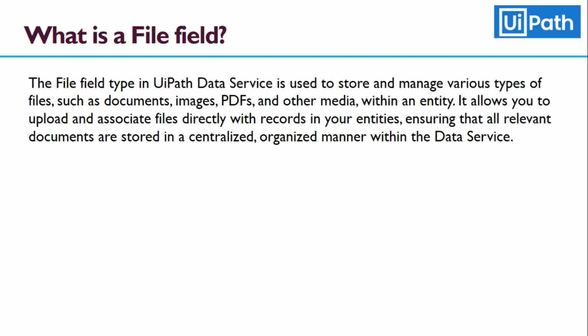It allows you to upload and associate files directly with the records in your entities, ensuring that all relevant documents are stored in a centralized, organized manner within the data service.